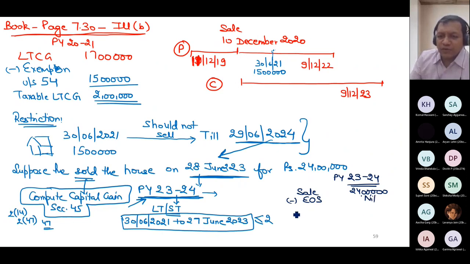Can you tell me the cost of acquisition? Suppose you don't know the concept. What is the simple cost of acquisition? Had there been no such consequences, the purchasing cost is 15 lakh.